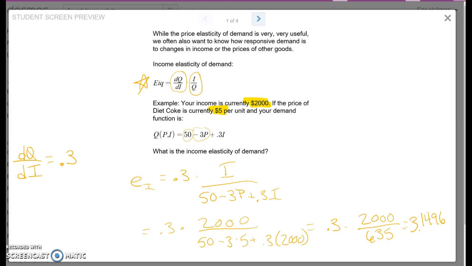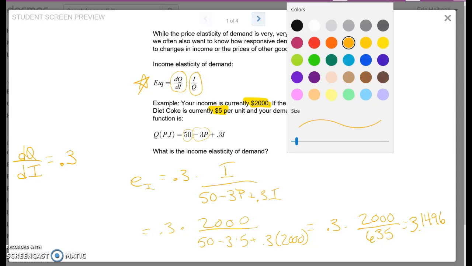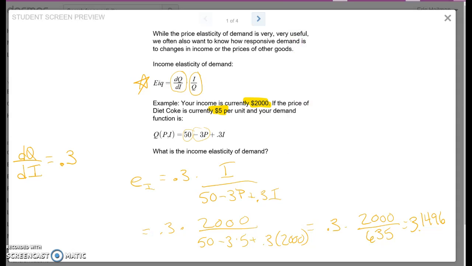So this elasticity is positive, so I want you to think about what that means. Is this a normal good or an inferior good? Throw that in the poll. Because the elasticity is positive, we know it's going to be a normal good. So in the formula for elasticity, income is always going to be a positive number, and the quantity demanded is going to be a positive number.